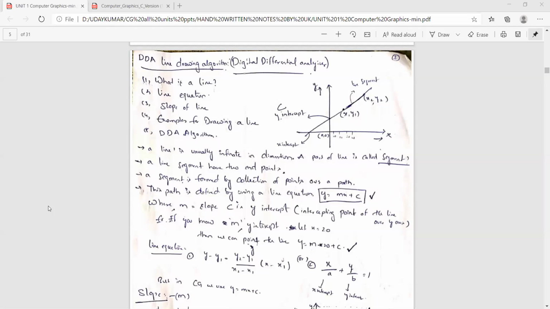If you know the y-intercept, and let x be 20, then we can plot a point by using y = m into 20 plus c. That is called the slope equation.